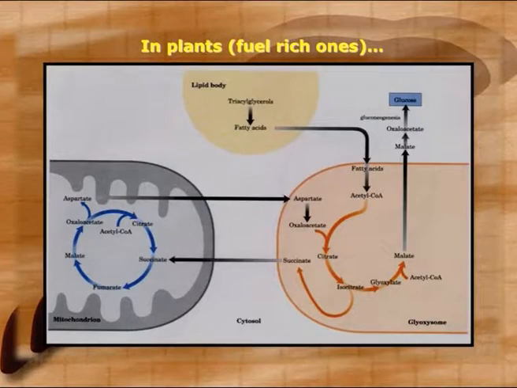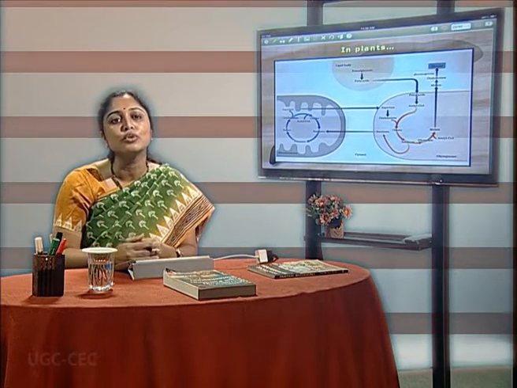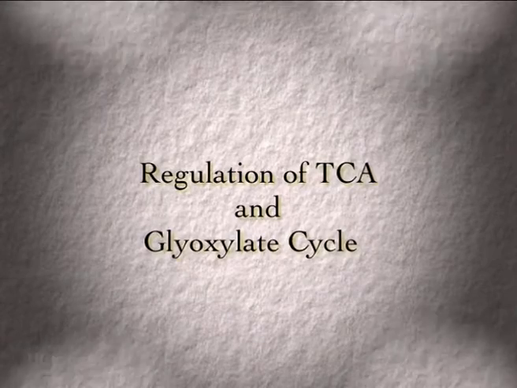In plants, the glyoxysomes are not always found in all tissues. During or before germination in fuel-rich seeds or oil-rich seeds, these glyoxysomes appear to supply the succinate molecule for gluconeogenesis before the plant starts its ability to do photosynthesis.